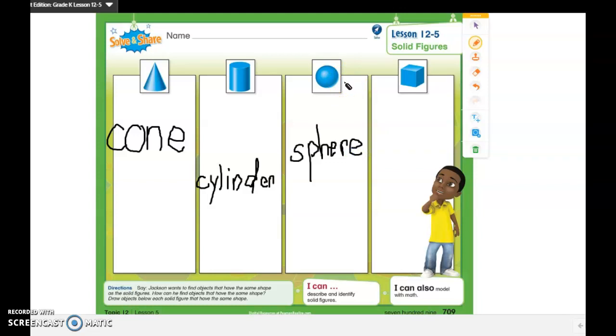Tons of places, right? Some balloons have that perfect round shape. Soccer balls, basketballs. Footballs? No, footballs don't really have that perfect shape. They come to a kind of edge at either side. A golf ball, a tennis ball, they all work, okay? So you're going to be able to find a lot of examples of those.